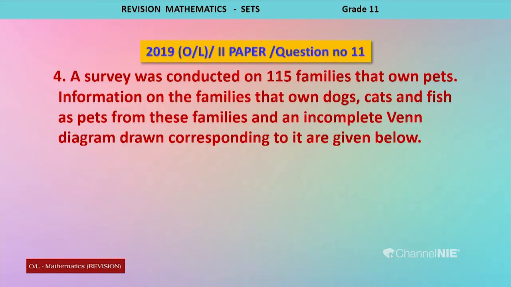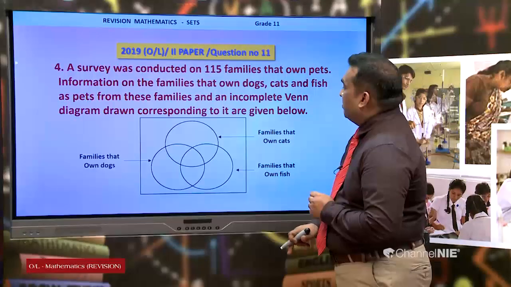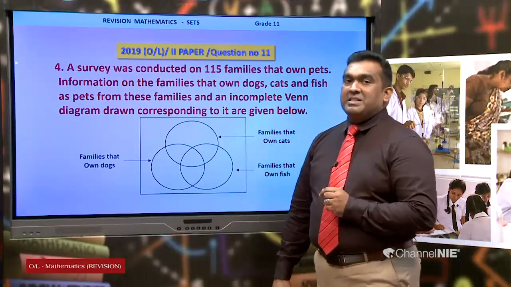Number of elements in the universal set 115. That own pets, information on the families that own dogs, cats and fish as pets from these families, and an incomplete Venn diagram drawn corresponding to it are given below. There are 3 sets here.